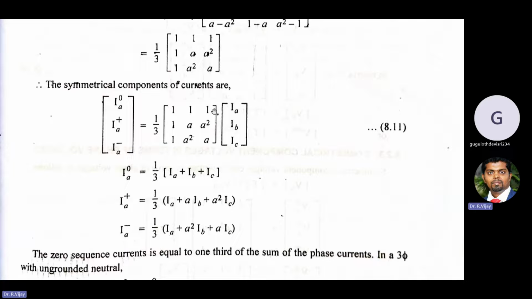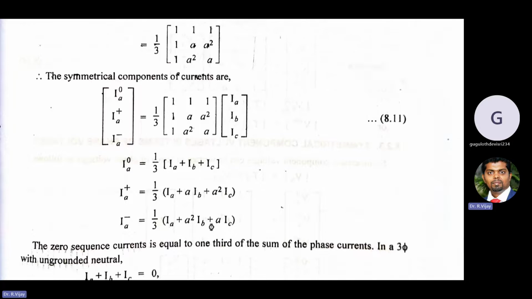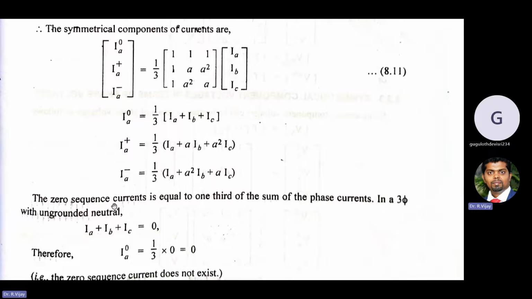Just multiply this matrix with this matrix, and you will get the answer like this. Next, IA minus is equal to 1 by 3 into IA plus A squared IB plus A into IC. The zero sequence current is equal to 1/3 of the sum of the phase currents.